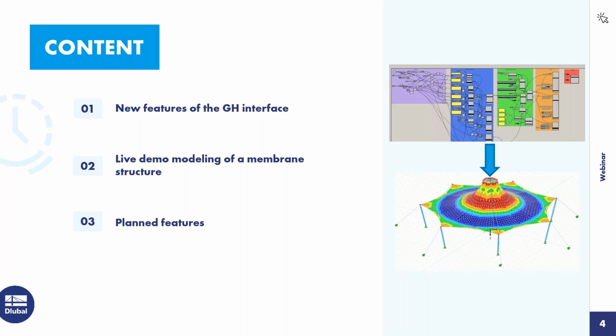So anything that has been developed from that point in time till now is what I call new features. The next step will then be the live demonstration of modeling a membrane structure. I will do most of the programming in Grasshopper and then the export to RFEM 6. And at the end of the presentation today, I will also give you an overview about the planned features, and then we are done.